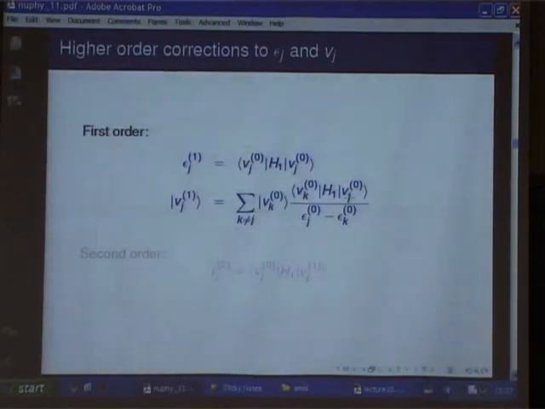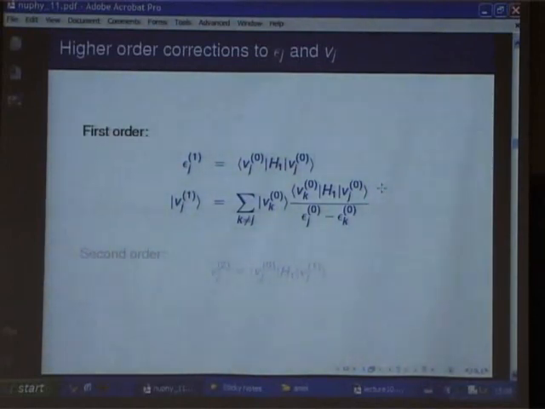You contract H1 with vk, divide by epsilon j minus epsilon k, and multiply by vk, summed over all k not equal to j. So in general for v1 you will get corrections due to v2 and v3. Similarly for v2 you get corrections from v1 and v3. I'm not going to calculate this; I'm going to give it to you as an assignment.